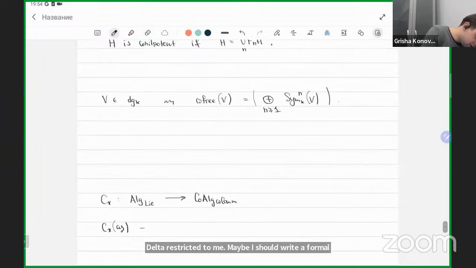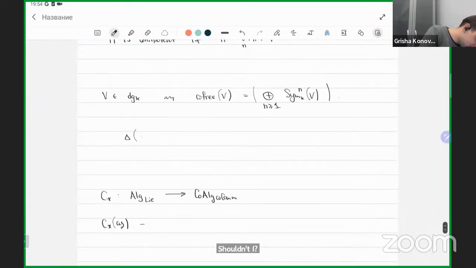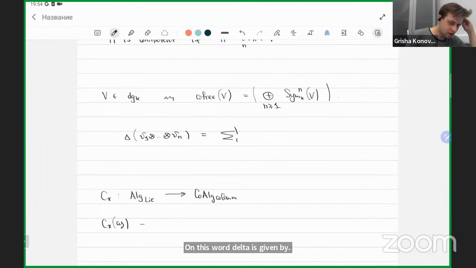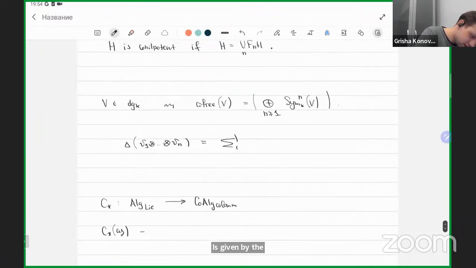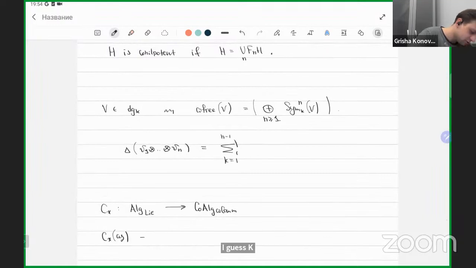On this word, delta is given by the sum over k from 1 to n minus 1, and the summand is a splitting of the initial word into two parts.